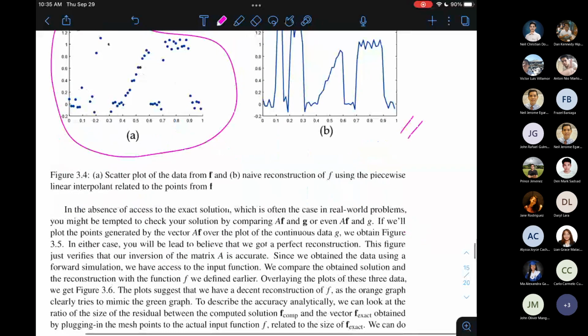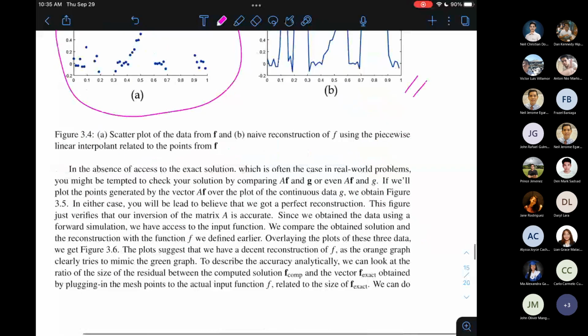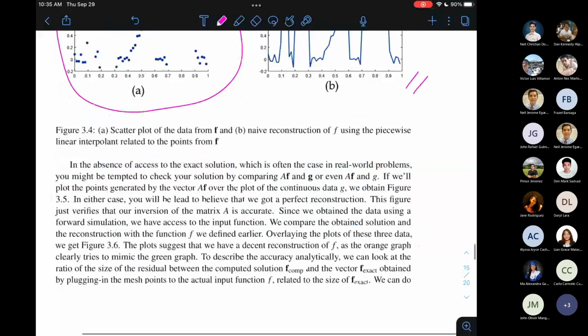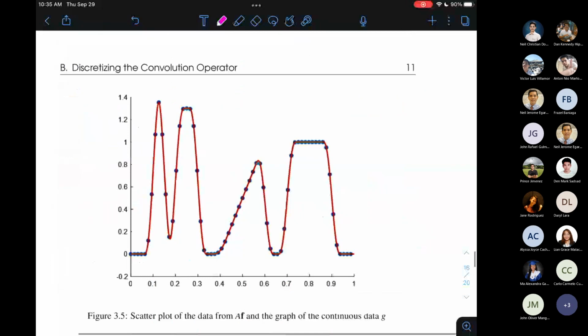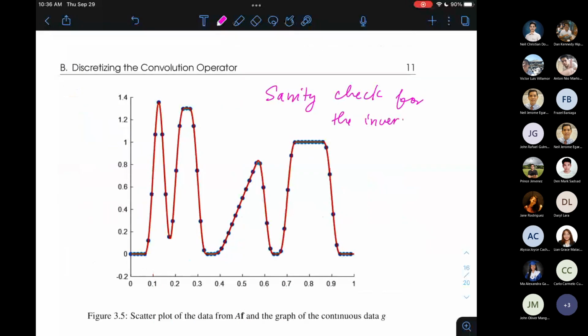Oh, well, before doing that, i-check ko muna. Gagawa ko ng sanity check. Ito yung sanity check para sa inversion. Pinlot ko yung A times F bar na na-compute natin. So, lagyan ko na lang ng subscript na C para ito yung computed F bar. So, yung F bar na nakuha ko, yung pinlot ko in figure 3.4, right?